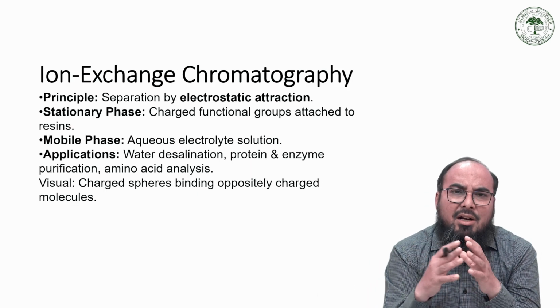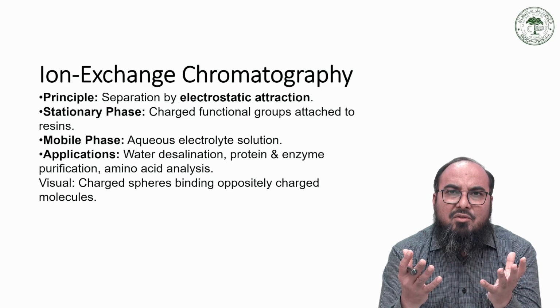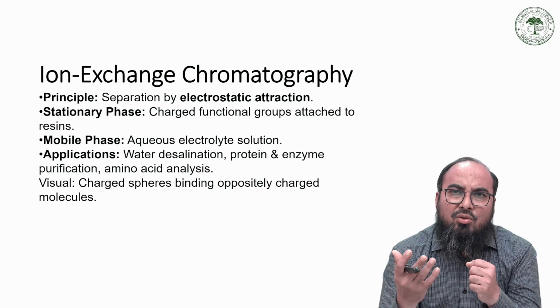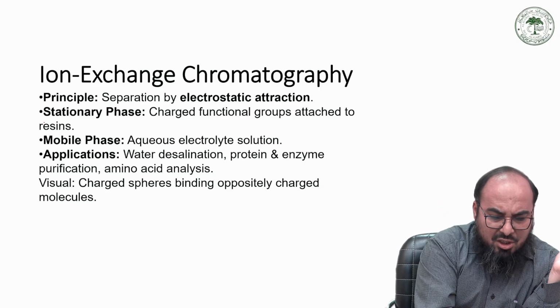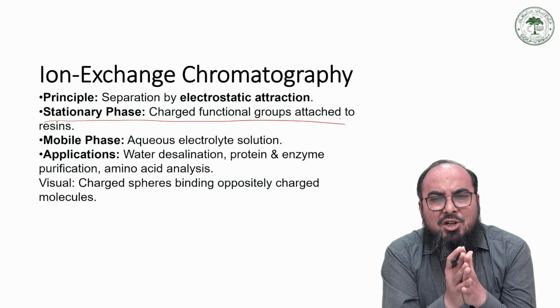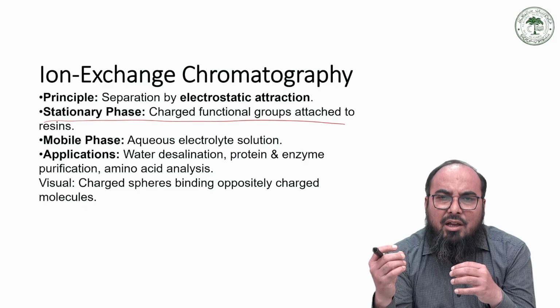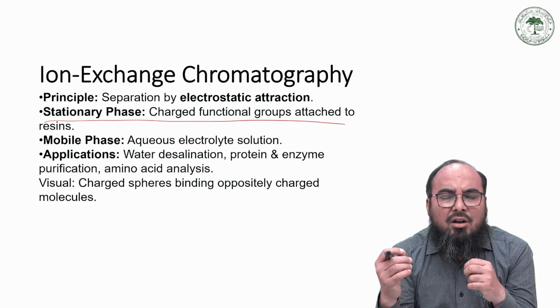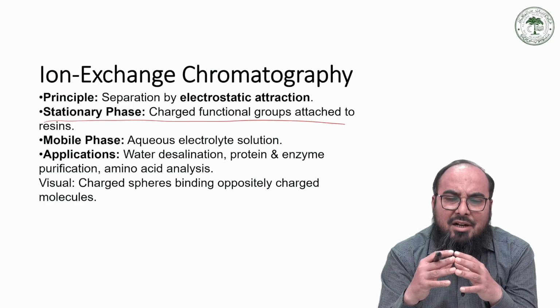Here the separation occurs because of the difference in the electrostatic charges present in the solute, or in the mixture. Here the stationary phase contains certain charged groups, and because the components also bear certain charge, the opposite charges get attracted.